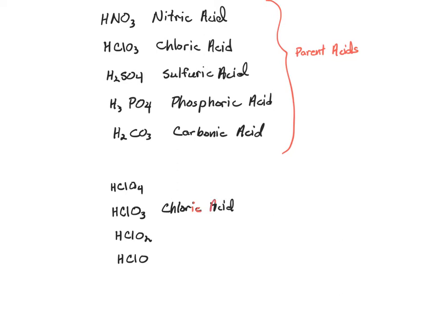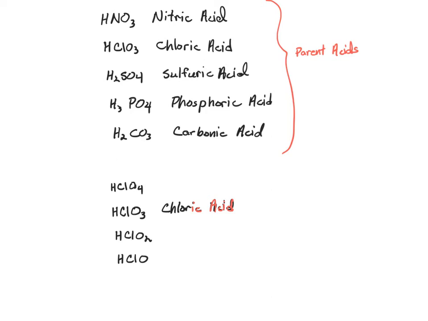This name ends in "ic acid." That's the suffix, the end of the word. We can also use prefixes as well. To give you an idea of how this works, I'm going to give you all the names here and hope that you can pick up a pattern.